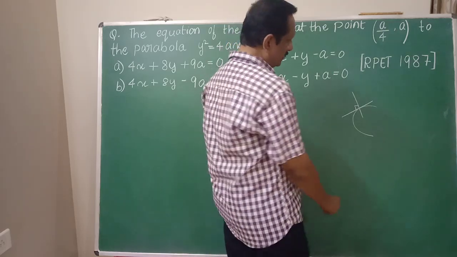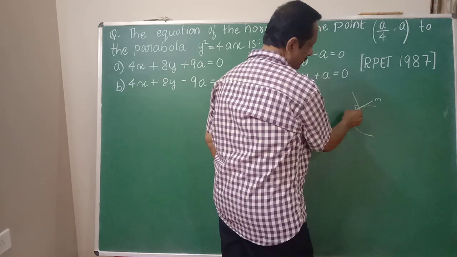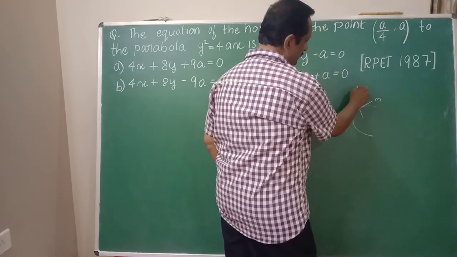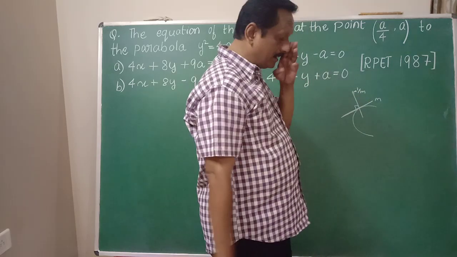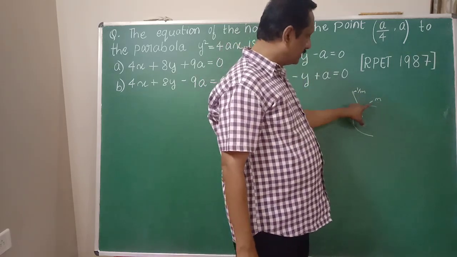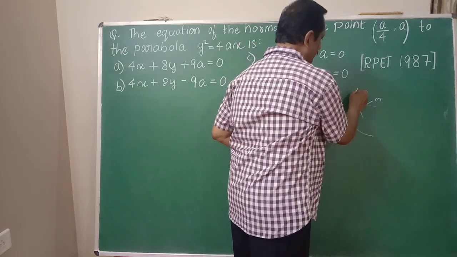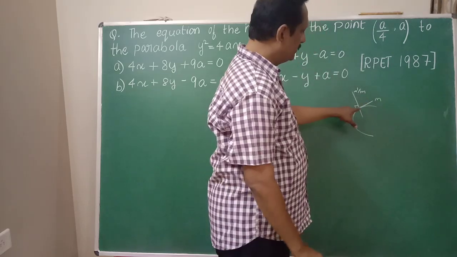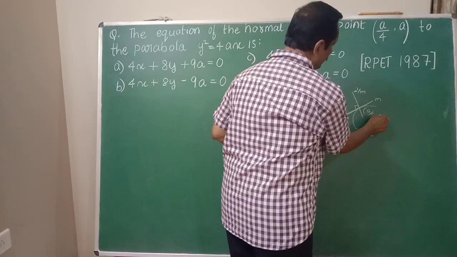If m is the slope of the tangent, then minus 1 upon m is the slope of the normal. Remember it. Here the point of contact is (a/4, a).